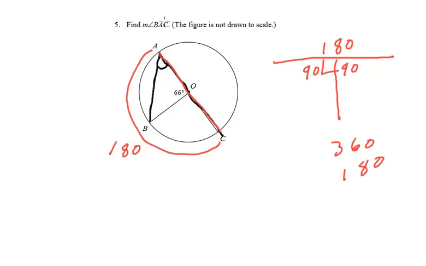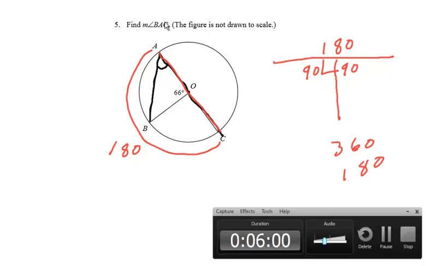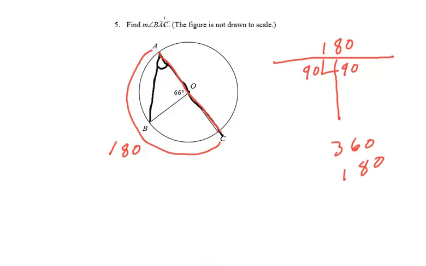We also know that this is a central angle right here, so the corresponding arc is going to be equal to that central angle, which is 66.